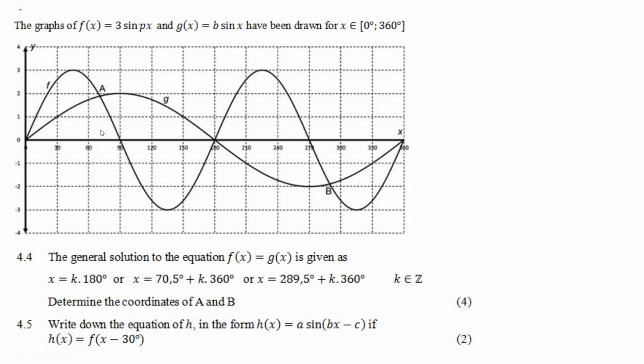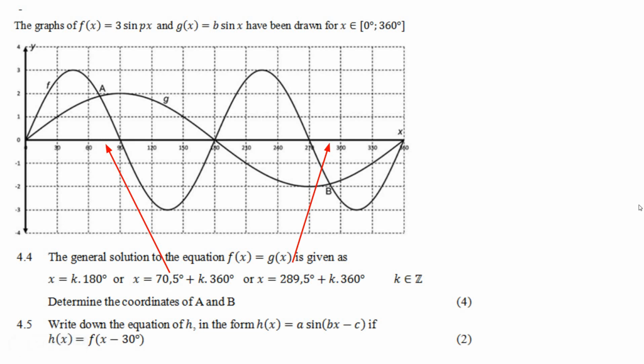They want us to determine the coordinates of A and B. They've given it to us. You just have to realize that they've told us where f equals g, because that's what it is. It's a solution. So they've told us right there that it's 70.5, and right there it's 289.5 degrees.